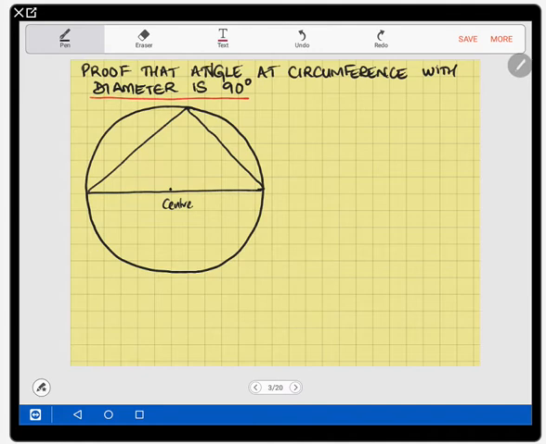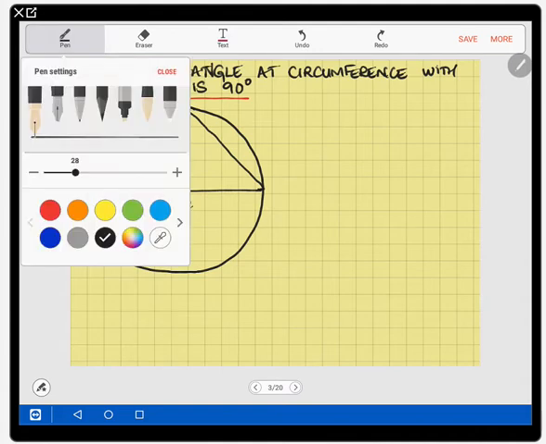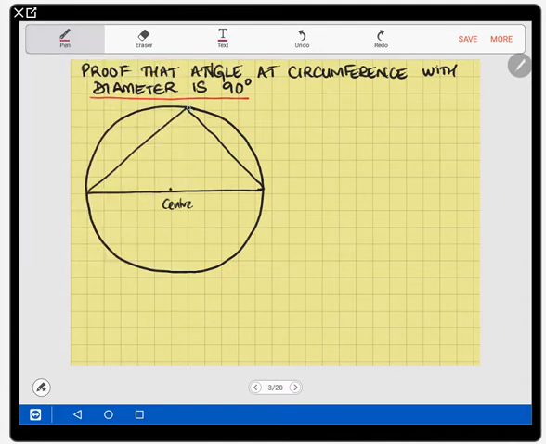Okay, let's prove that the angle at the circumference with the diameter is 90 degrees. How do we prove that? Let us start with this point here, where it touches the circumference. Let us join it to the center.